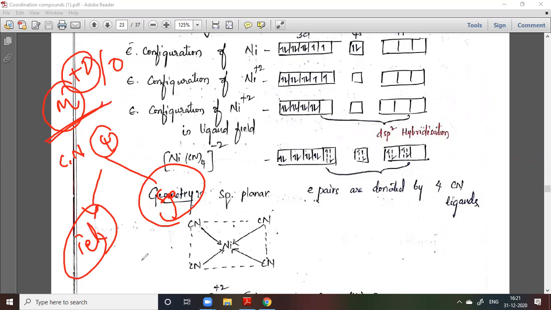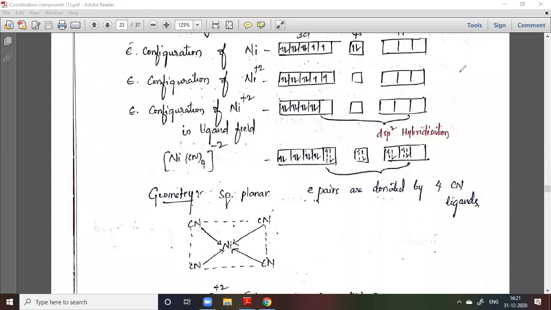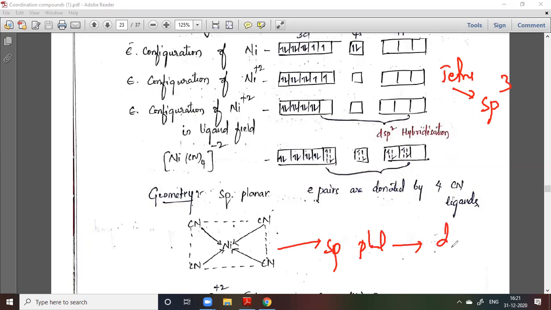It depends on the hybridization. tetrahedral చూపెట్టాలి అంటే sp3 ఉండాలి, square planar చూపెట్టాలి అంటే dsp2 ఉండాలి. Remember these points. So once again I am saying, if it is showing tetrahedral, that means the hybridization will be sp3. If it is a square planar, then the hybridization will be dsp2.